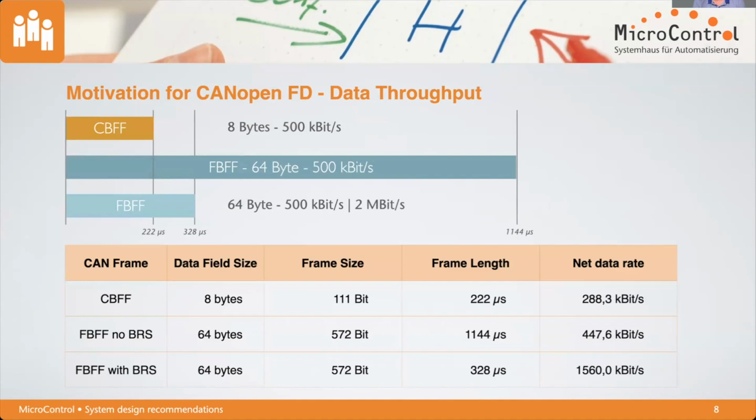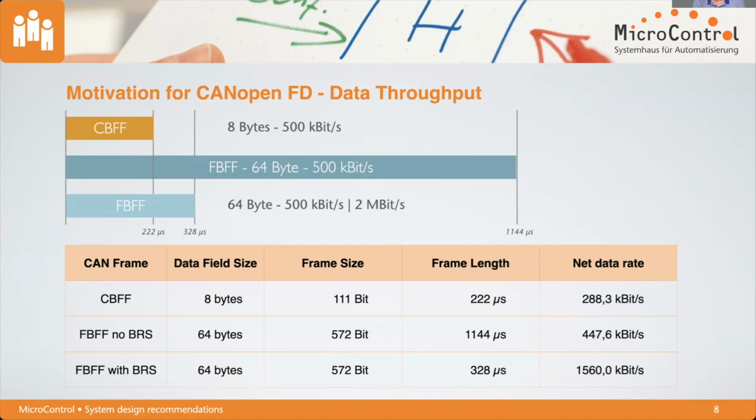And what we see here from this slide is, if we simply compare a classical base frame format, that's the one here in the lower left of this picture, and we have 8 bytes of data, so the maximum at 500 kilobit per second. Then at this bit rate, we have a frame length of 222 microseconds.